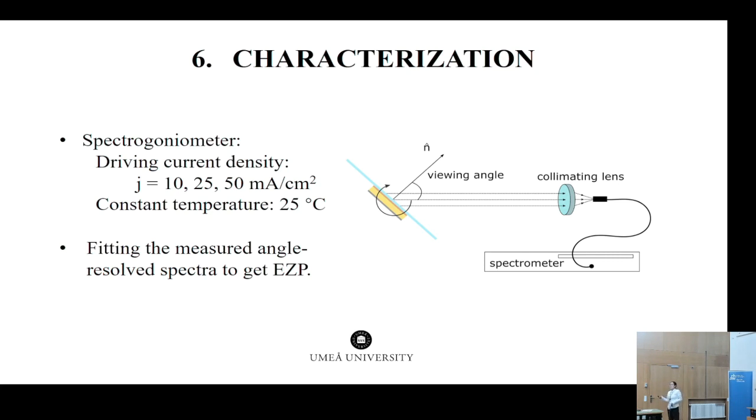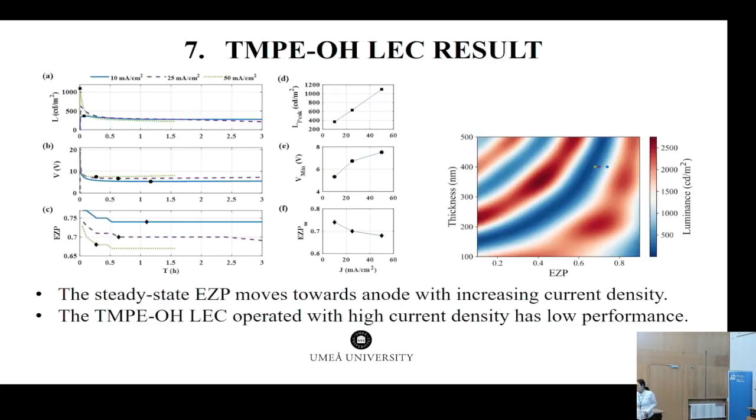And we also control the temperature of the devices during operation to a constant value. When we get the measured spectra from this goniometer setup, we can fit the measured and simulated spectra from samples. Then we get the measured emission zone position.